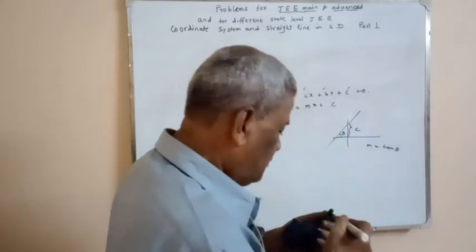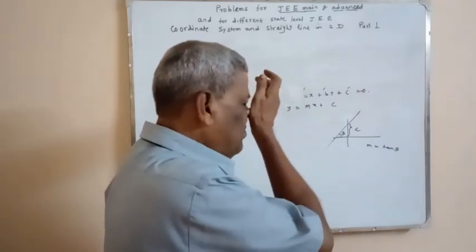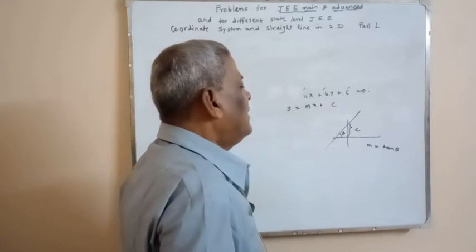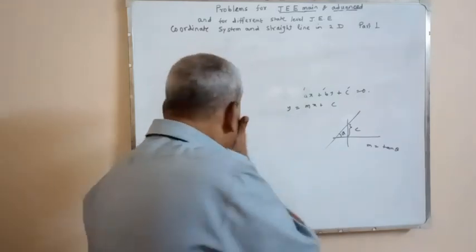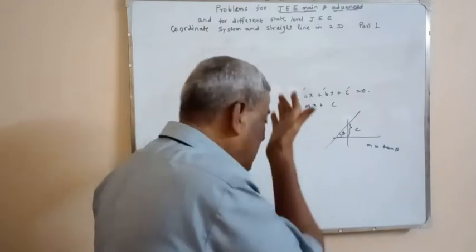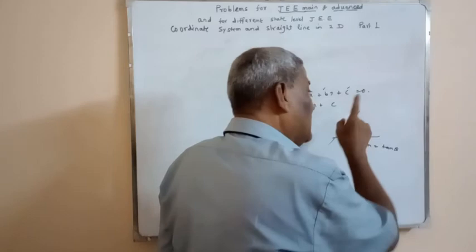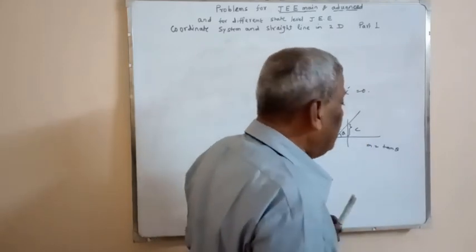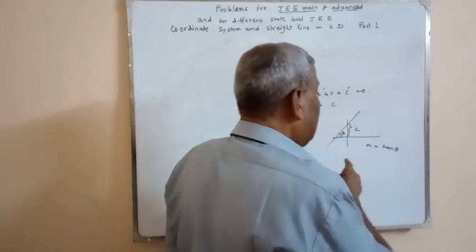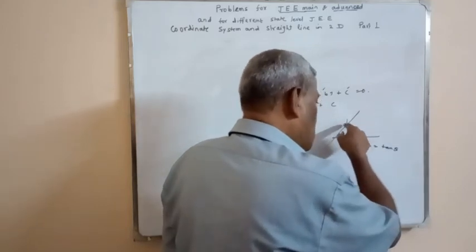It means for a straight line, two things are known. One, the angle which it makes with x-axis and the intercept where it meets y-axis.